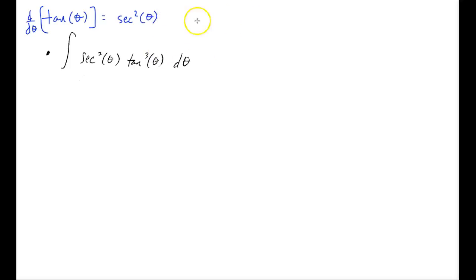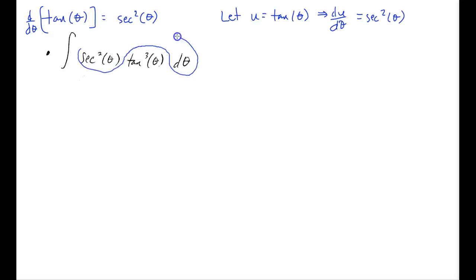So here, it seems like it would be the most logical thing to let our u substitution now be tangent theta, so that when we take the derivative, du over d theta, that would just be equal to secant squared theta. And of course now we'll have a way to be able to substitute this directly.